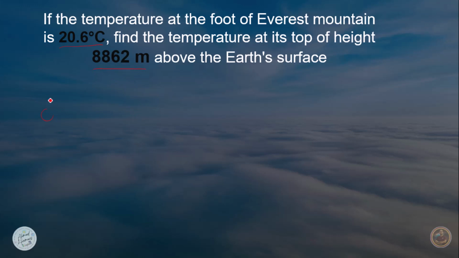So first, we get the change of temperature, which equals the height per kilometer multiplied by 6.5. Here we have the height in meters, so we have to change meters to kilometers.